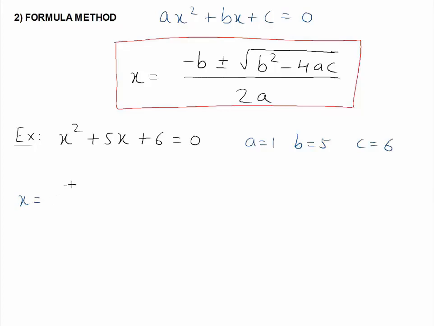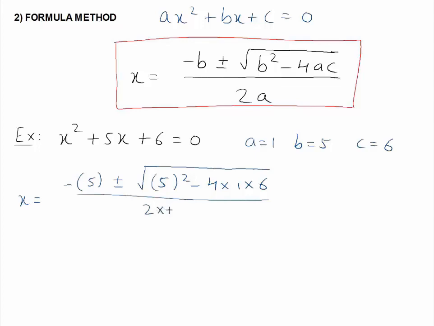So x equals minus, so b is 5, plus minus square root of b square minus 4 multiplied by a multiplied by c whole divided by 2 times a, that is 2 times 1. So this will be minus 5 plus minus square root 25 minus 24 whole divided by 2.